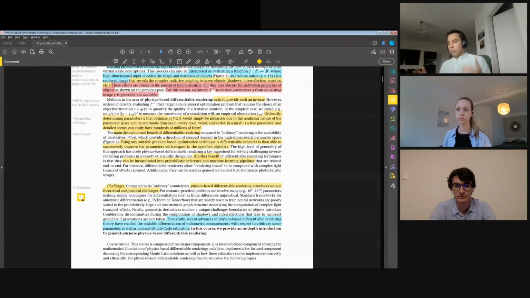This can, for example, stem from geometric derivatives like boundaries of objects, for example computing shadows, etc. So in the last 3-4 years, differentiable rendering papers, especially the theoretical ones, probably revolved around how to avoid discontinuities that lead to incorrect results when solving the problem of inverse rendering.